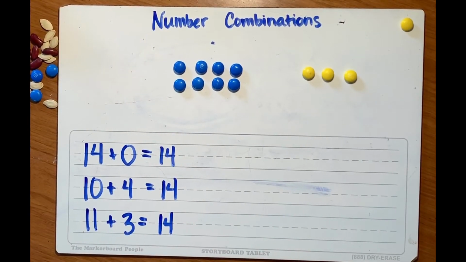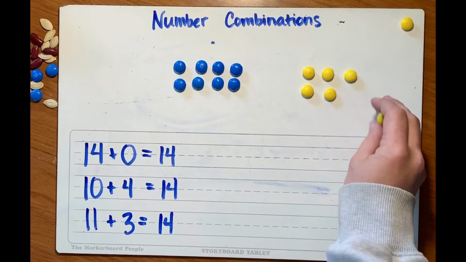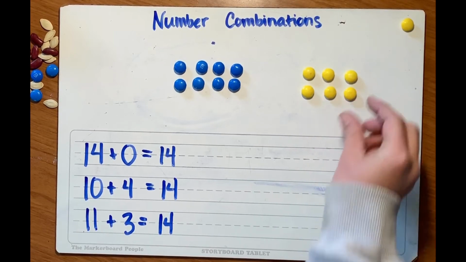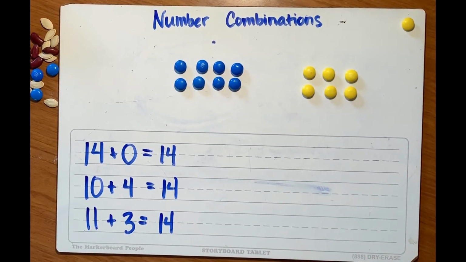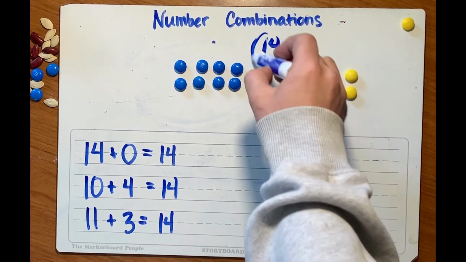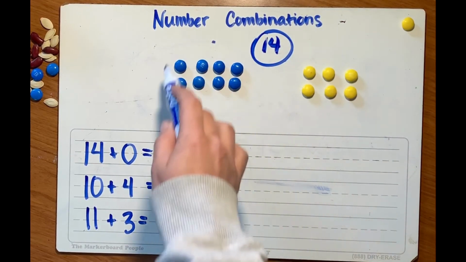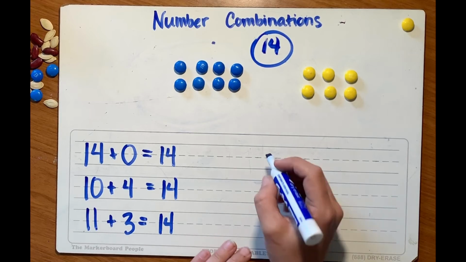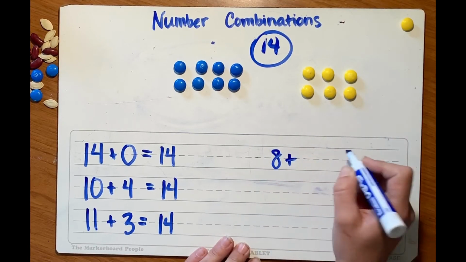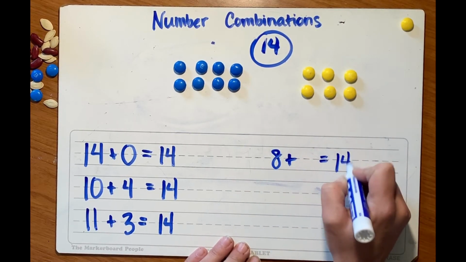Finally, we'll do this one for 14. If I have 8 blue M&Ms, how many more do I need to get to 14?